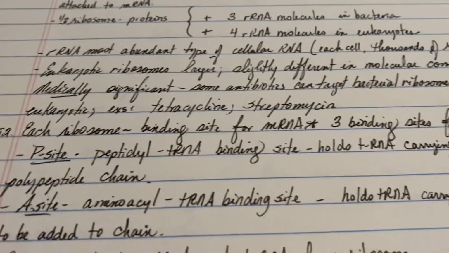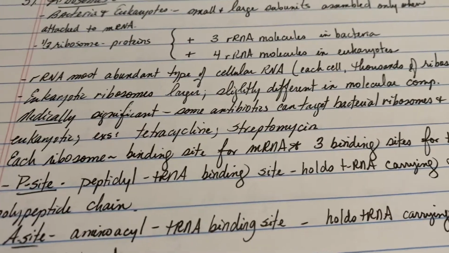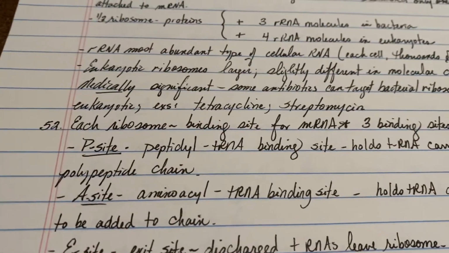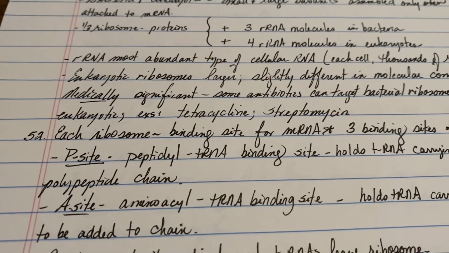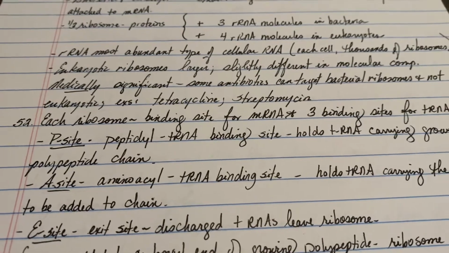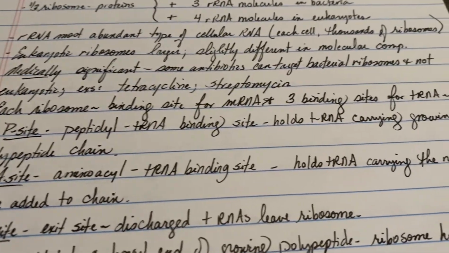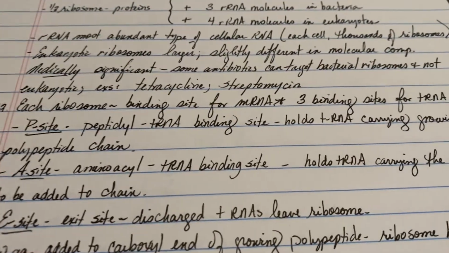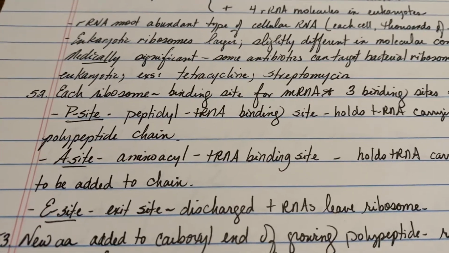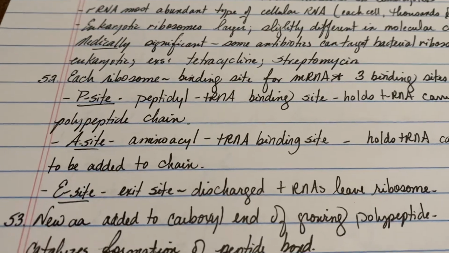The A site, the aminoacyl transfer RNA binding site, holds the transfer RNA carrying the next amino acid that will be added to the chain. The E site, the exit site, holds the discharged transfer RNAs as they are preparing to leave the ribosome after they have deposited their amino acid.